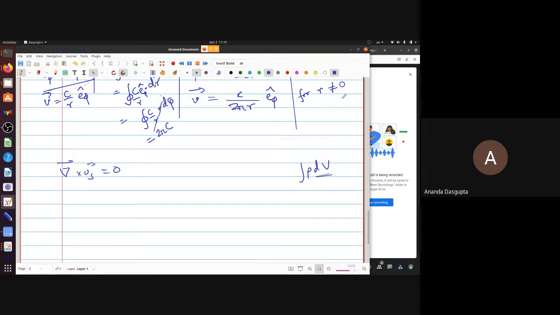Here also, when you say R equal to 0, you don't really mean R equals 0 exactly. But basically, curl of Vs is 0 except at R equal to 0 mathematically, but except at what is called the vortex core, a tiny region around where the superfluid density essentially vanishes.